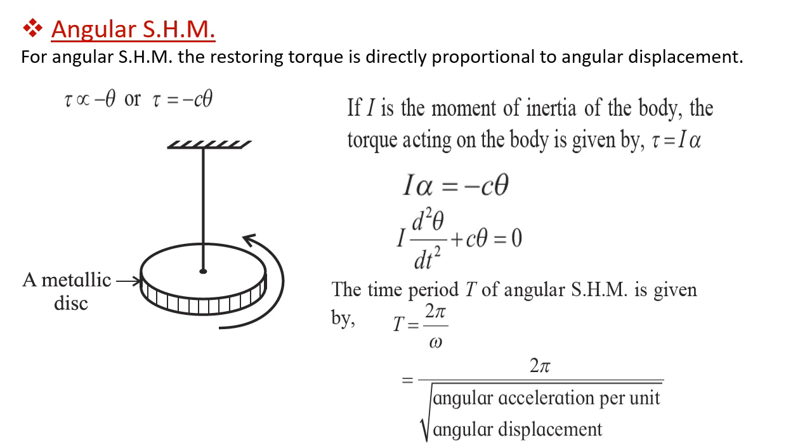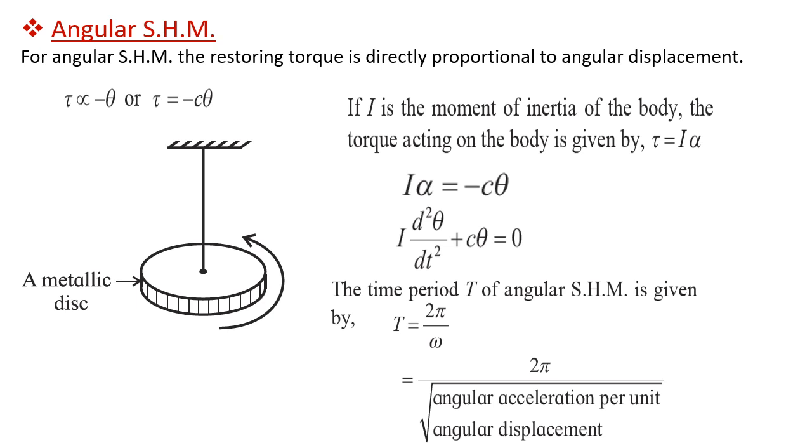You shift the minus c theta to the other side, so you get plus c theta equals 0. So by rearranging the terms and substituting the value of alpha, we write the equation as I d square theta upon dt square plus c theta equals 0, and this is nothing but the differential equation for angular simple harmonic motion.